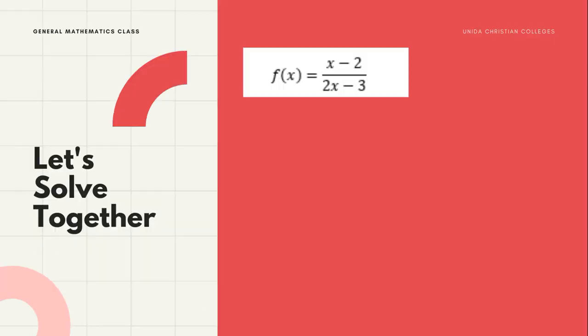Okay. So, let's have an example. Okay, for first example, we have x minus 2 over 2x minus 3. So, ano pa ang una nating isosolve? We will solve for the vertical asymptote. Okay, anong sabi natin sa vertical asymptote?